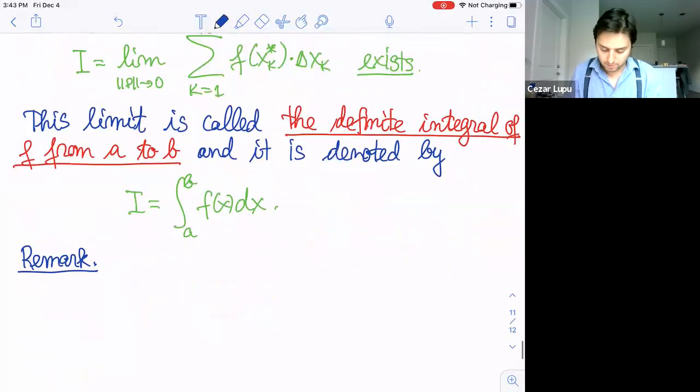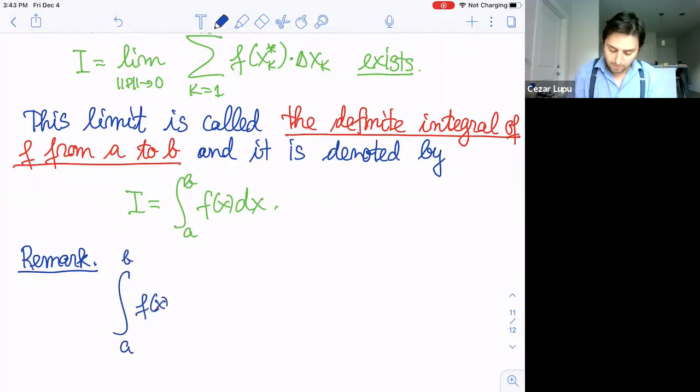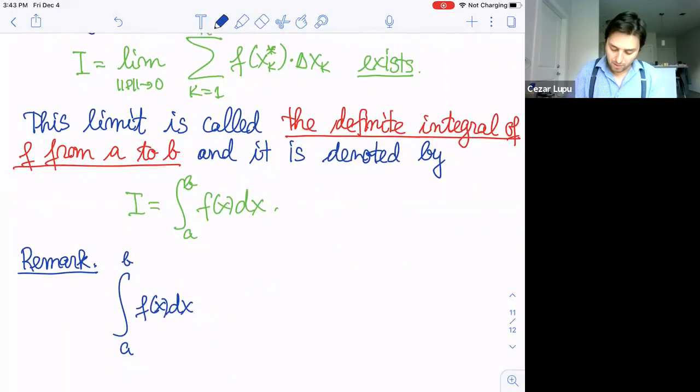So let's point out the symbol, the integral from A to B of f of x dx, and how we read it. The dx is the variable of integration.